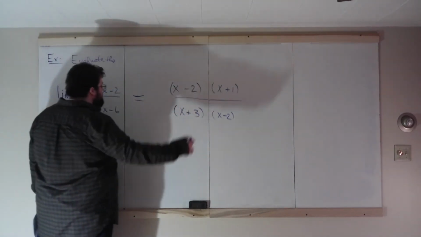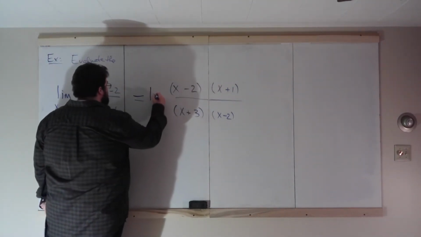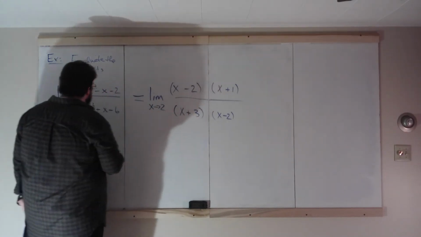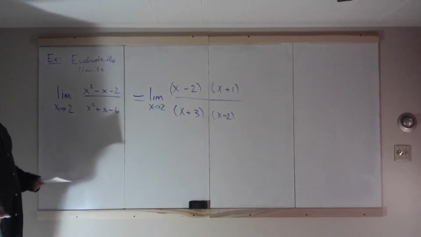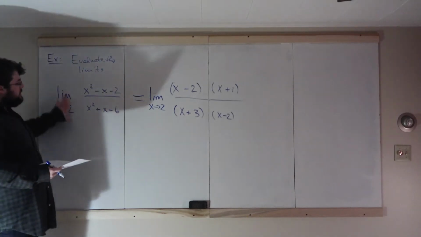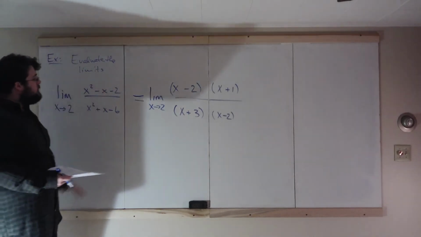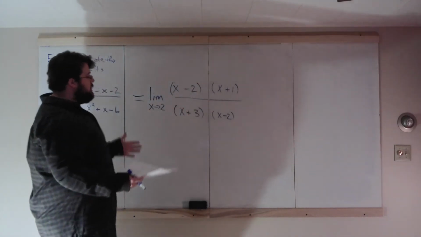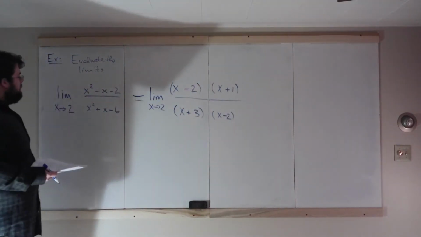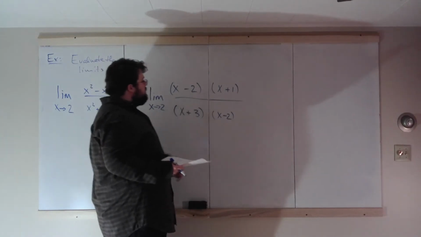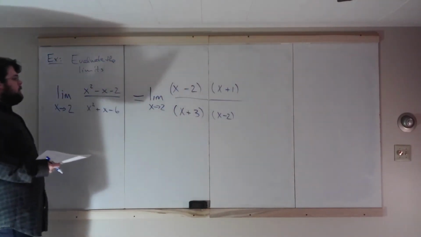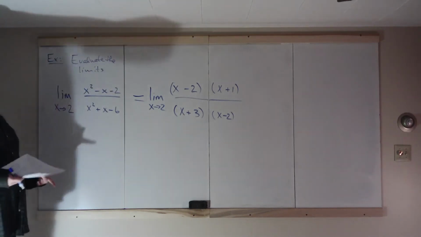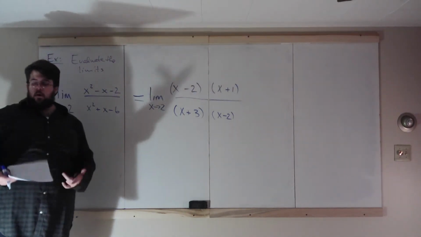Before you take a limit, if you want your equal signs to be correct, which we do, you need to write limit. Because the limit of this expression does equal the limit of this expression, because these expressions are the same. This and that are the same, just rewritten. But we have not taken a limit. We have not applied the limit laws. We have not done cases 1 or 2.